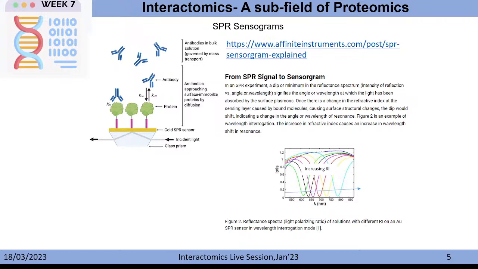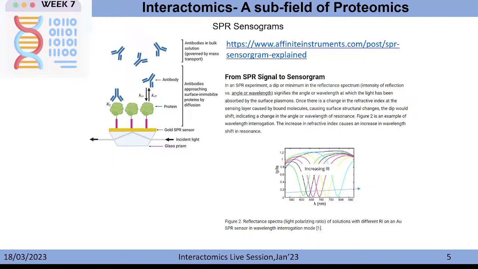Okay, so now we will be looking at the sensorgram: what responses we get, and how we can understand them. Here we can easily understand KD with the kon and koff of the protein. If it is a simple gold SPR sensor, you immobilize your protein with the help of thiol groups.